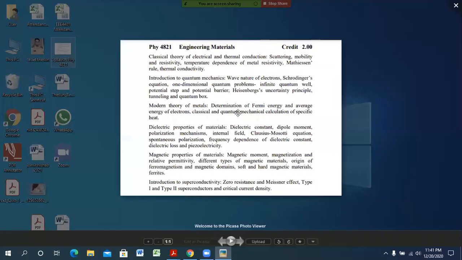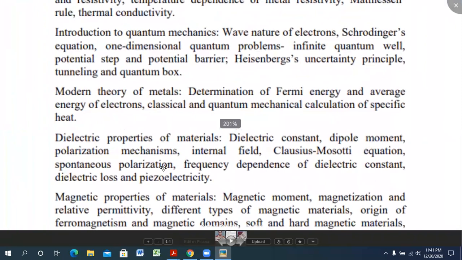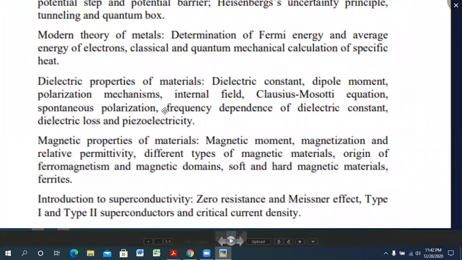In your syllabus, we have already covered the Clausius-Mossotti equations, spontaneous polarizations, and the different types of polarizations. Today we covered the frequency dependent dielectric constants and dielectric losses. In the next lecture, we will learn piezoelectricity, which will be the end of the dielectric properties of materials part. After that, we will learn the magnetic properties of materials.